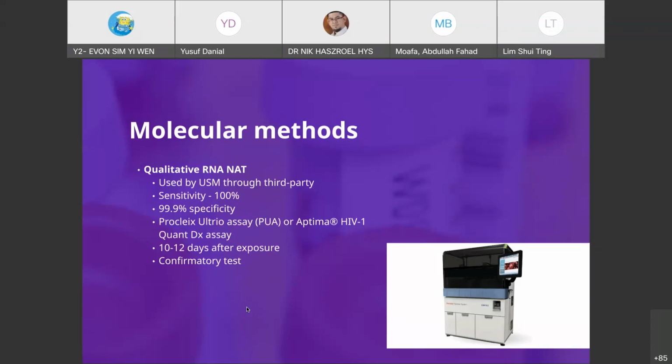They send it to a company called Synapse, and you get the results in about a week. So this test that's used in USM is Procleix Ultrio assay. Okay, but another test that can be done is the Aptima HIV-1 Quant Dx assay, diagnosis assay. So this test can detect the RNA of the virus 10 to 12 days after exposure, and is a very good and reliable confirmatory test.